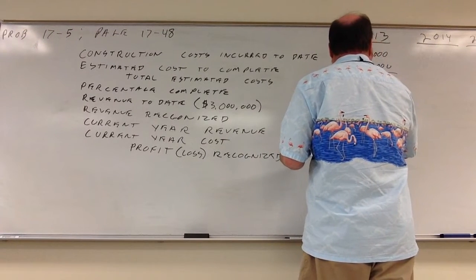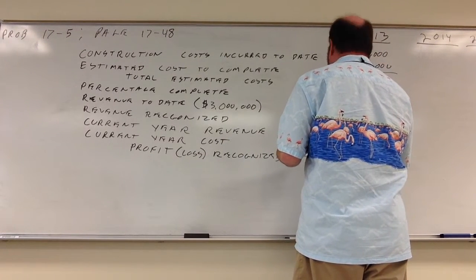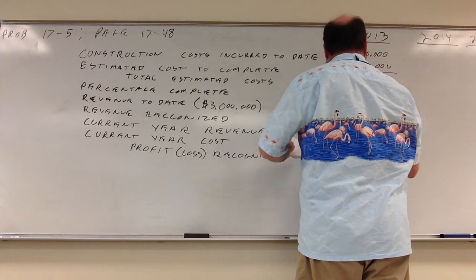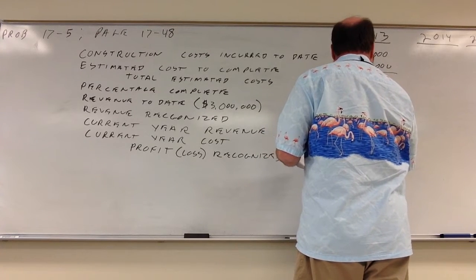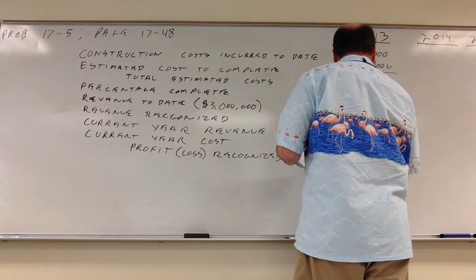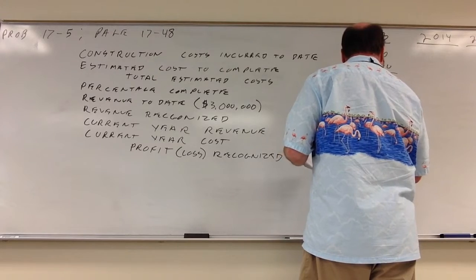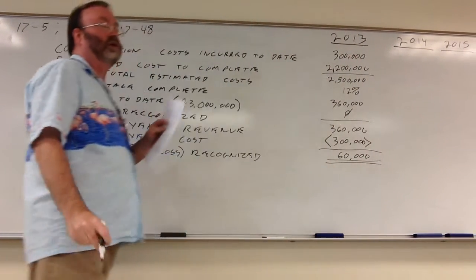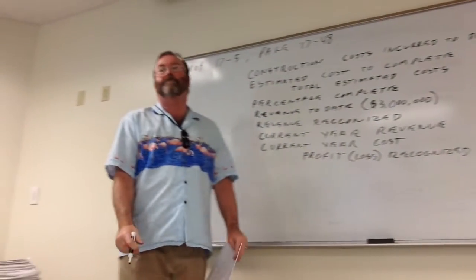We've recognized 0, so that's a full 360. We incurred 300 in cost, and that gives us 60,000 in first year profit on this contract.